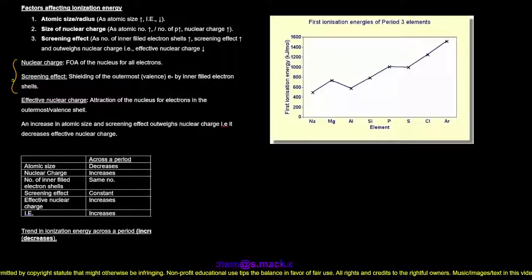I have summarized in my notes how these factors change, and I'm going to go through it via my table and explain it to you. We are saying across a period, atomic size is going to decrease, right? This is a trend that you must learn by heart. Once you know that atomic size decreases, you'll be able to explain the other factors. It is known that atomic size decreases across a period.